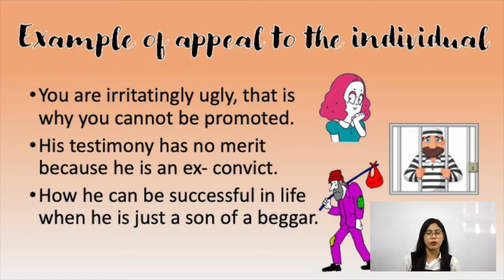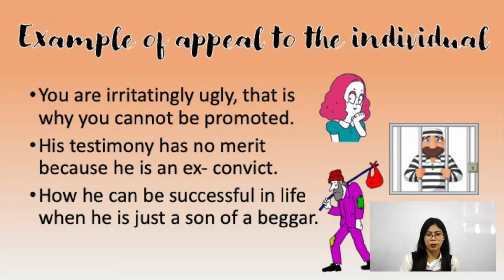Another example: his testimony has no merit because he is an ex-convict. It is a fallacy because, same as the first example, it attacks the individual person instead of the argument.